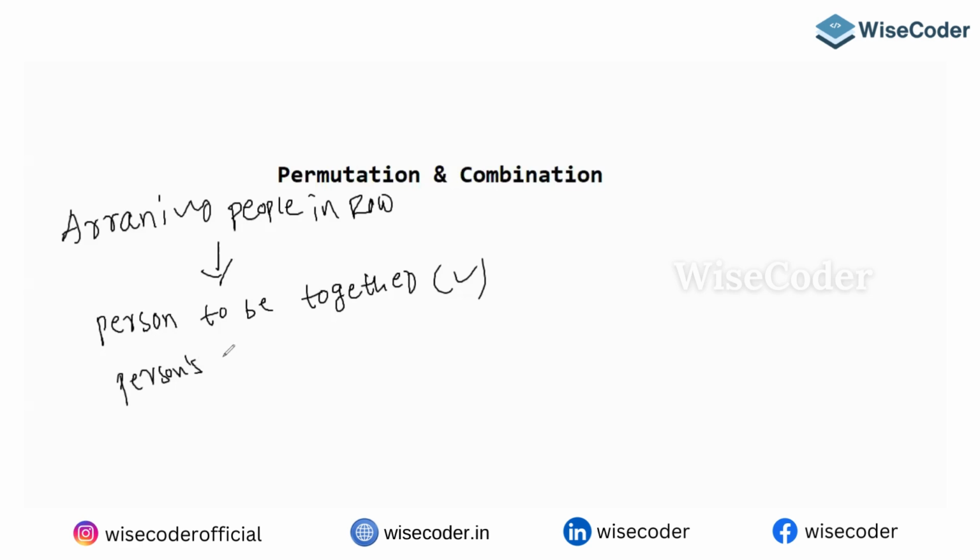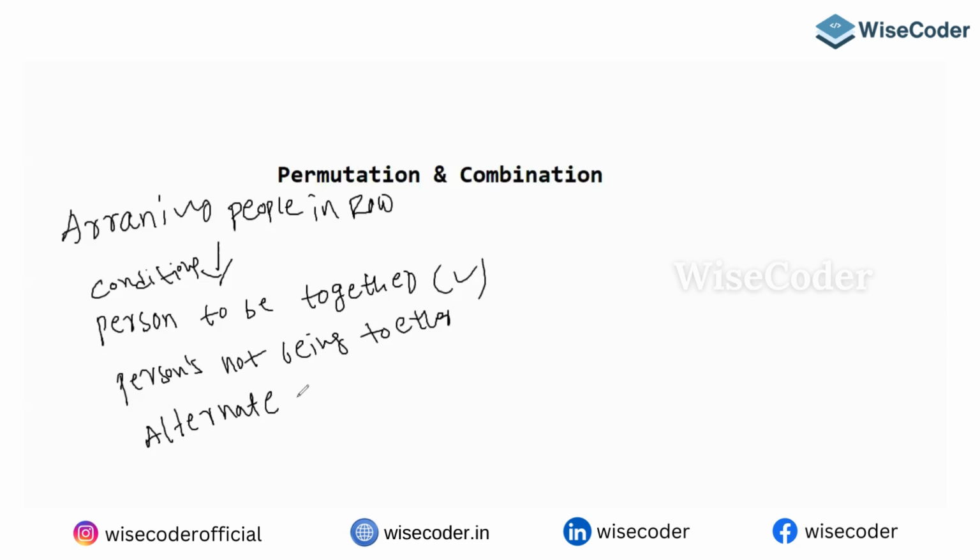Persons not to be together. And finally we have seen what? When they are alternate. These are the conditions, guys: persons to be together, persons not to be together, and when they are alternate. These three kinds of questions you will come across.